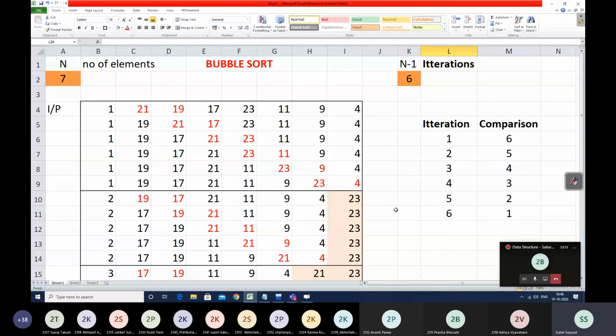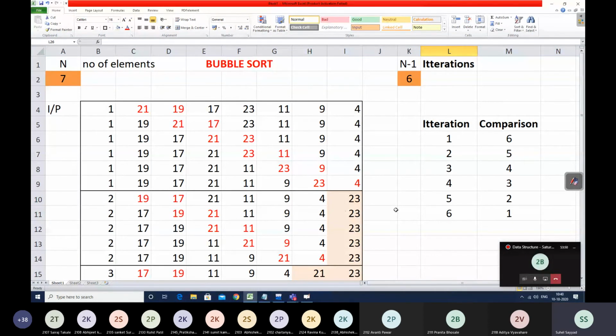Okay, so when we have to write logic, my dear students, we did two things in this entire solution. First thing, we were dealing with iterations, correct? And in every iteration, we were doing some comparisons.